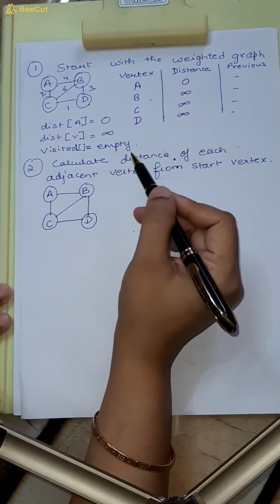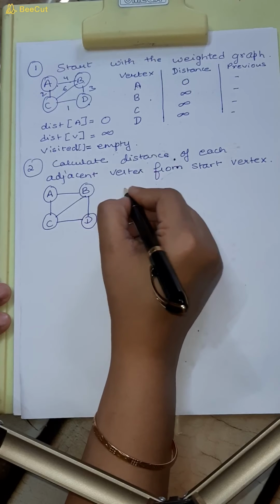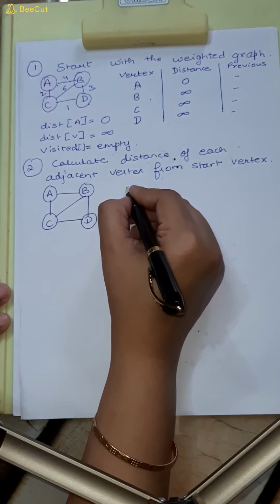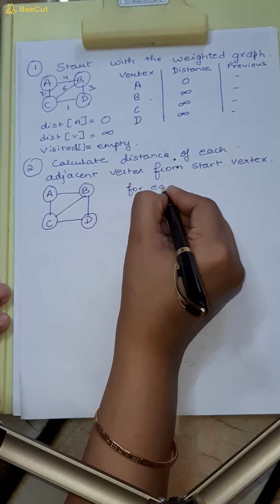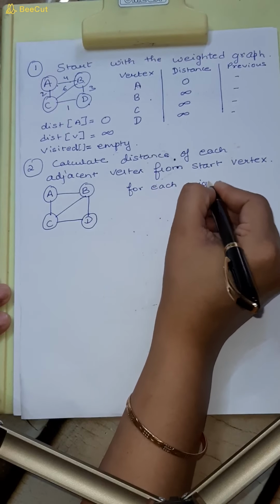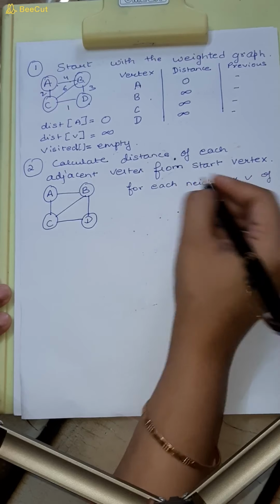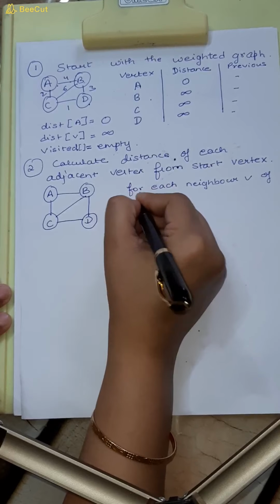So in every step, you have to check for each neighbor V of W. You are selecting W in each case.